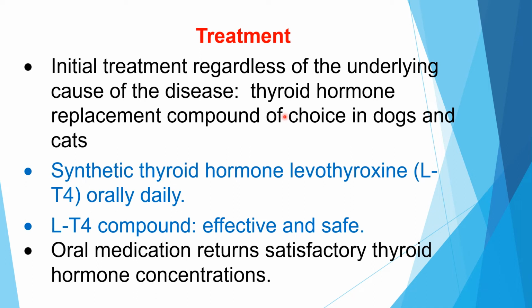Give thyroid hormone replacement compound, and that is the choice in dogs and cats. The choice of compound is synthetic thyroid hormone levothyroxine. In short, it is called LT4. It is given orally daily.